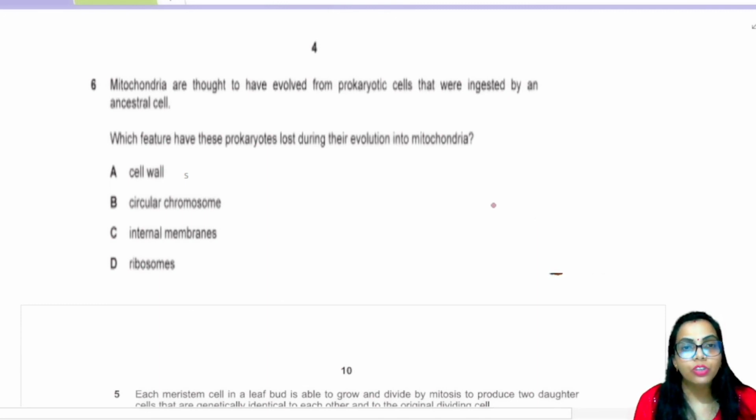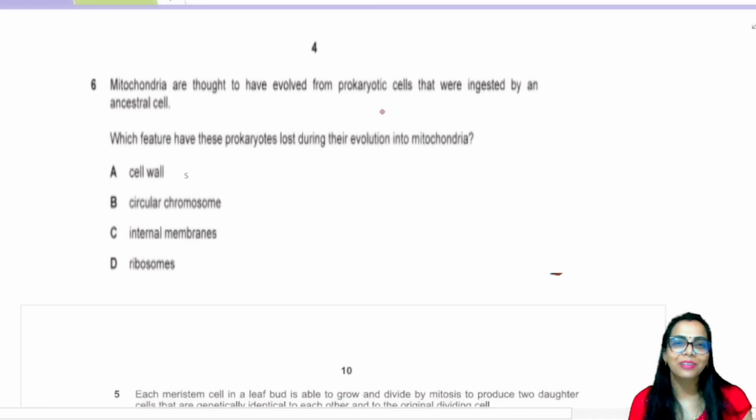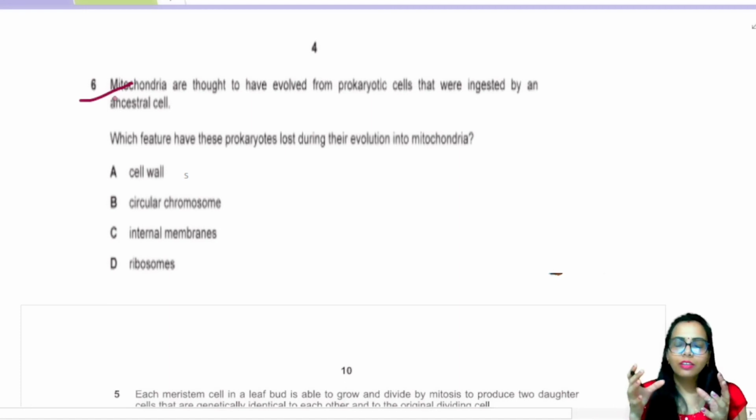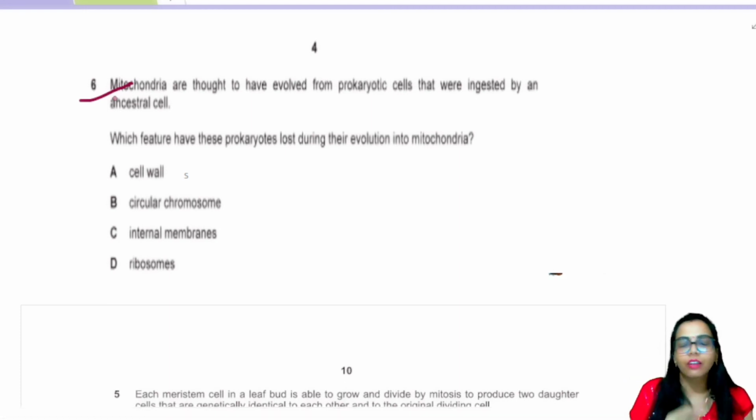And my next question, mitochondria are thought to have evolved from prokaryotic cells that were ingested by an ancestral cell. Do you know? The mitochondria was first a prokaryotic cell, and one eukaryotic cell just engulfed the prokaryotic cell, and then the mitochondria felt, wow, this is an amazing place, because prokaryotic cells are just like poor cells. They don't have any compartment, they don't have any room, so they felt, wow, this is an amazing place to live.